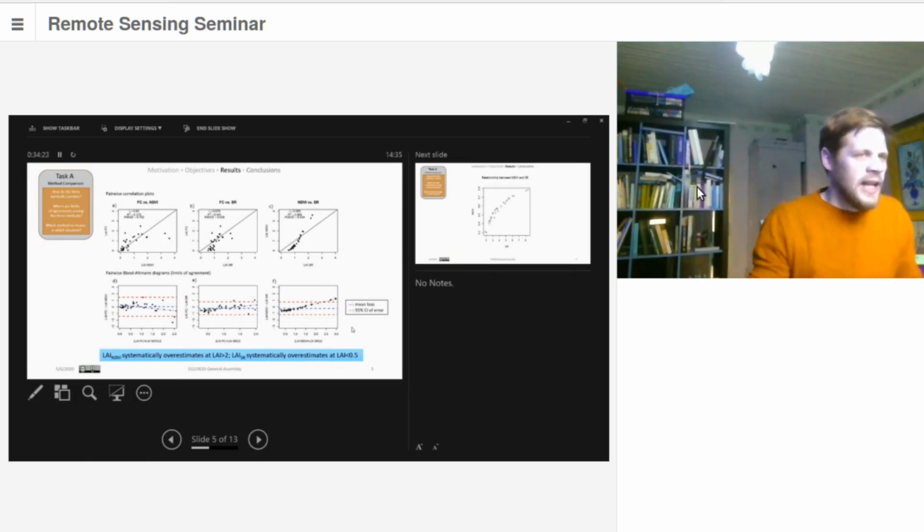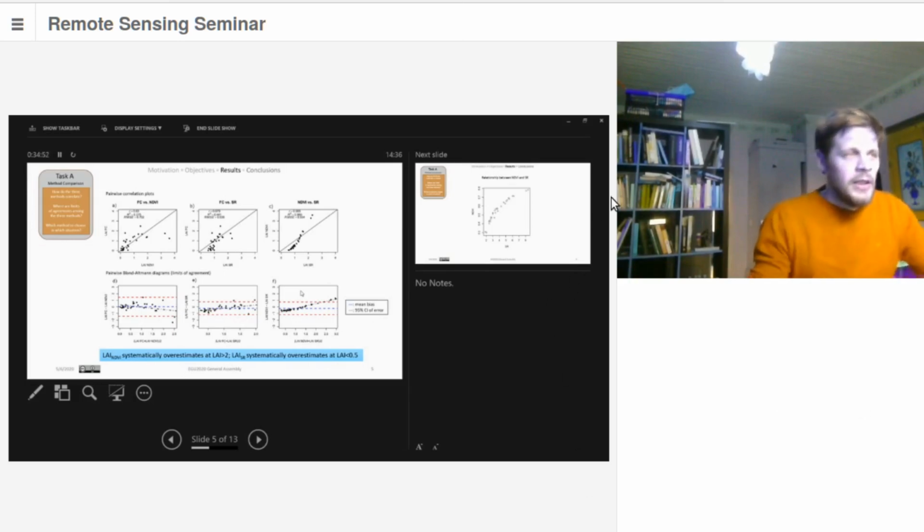Every time a point goes below or above these blue lines, you can define, well, this is actually the range where the two methods statistically or significantly disagree. Then you can also make statements about, well, one method should be used in one range and the other method should be used in another range.